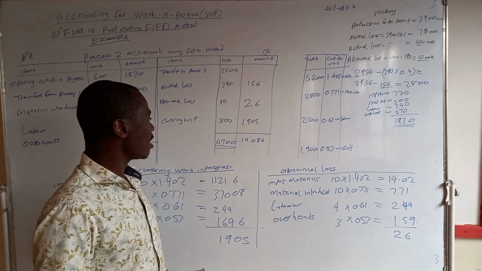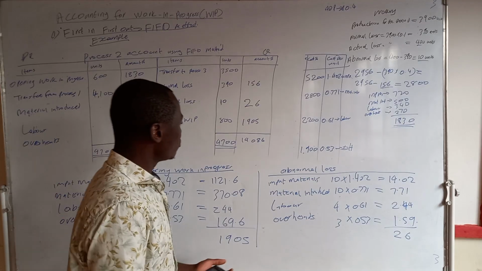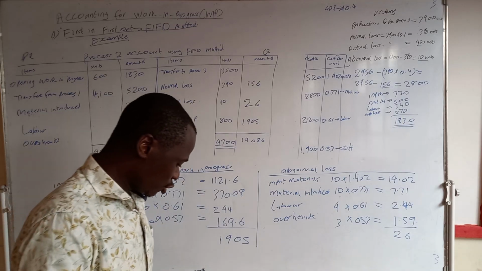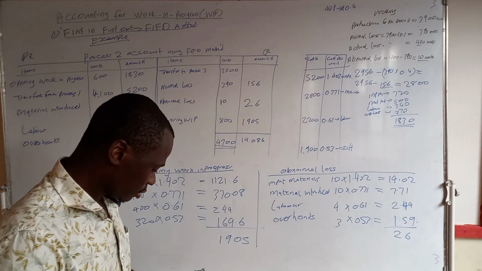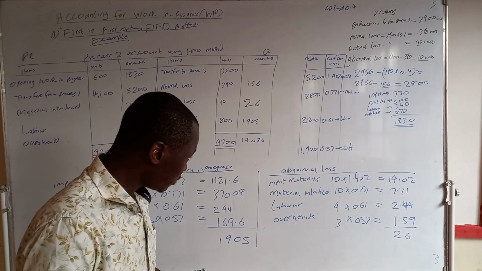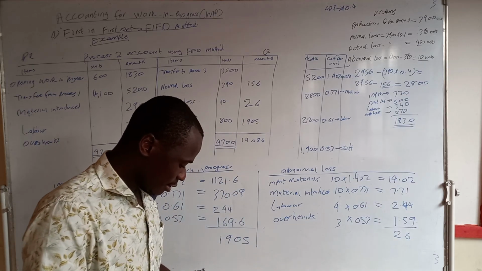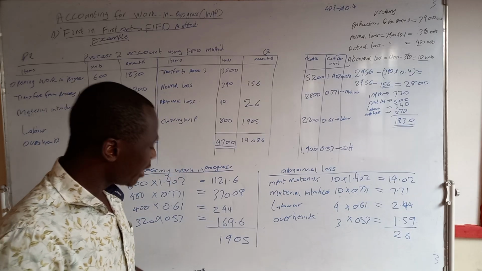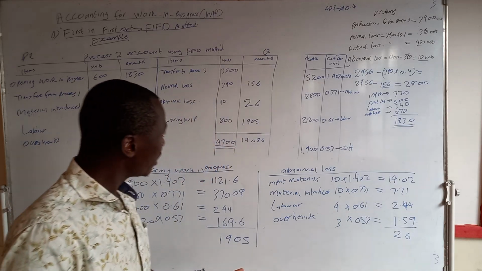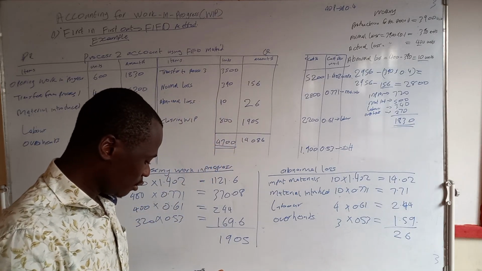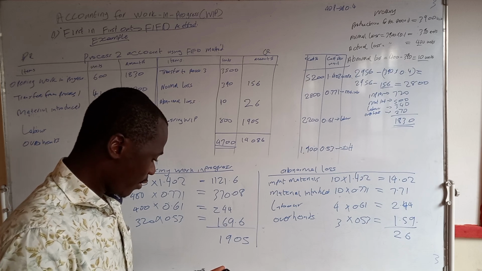So what balances our account is 14,0.86 minus 156 minus 26 minus 1905.